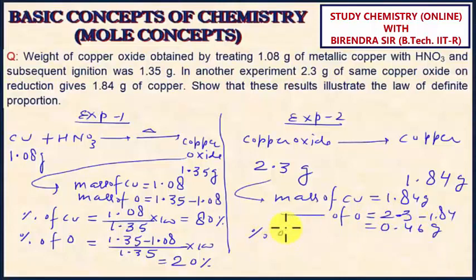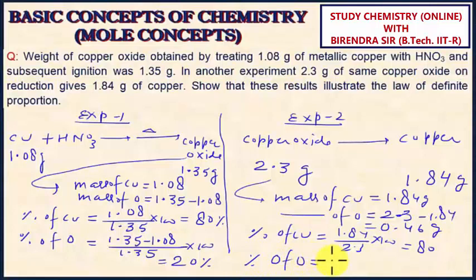So if I try to find the percentage of copper in the copper oxide with the help of experiment 2, I can write this as 1.84 upon 2.3 into 100. The value comes as 80. And percentage of oxygen is 0.46 upon 2.3 into 100. The value comes as 20.